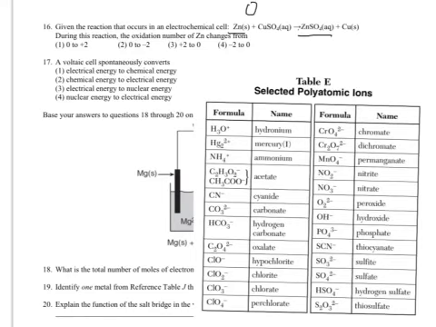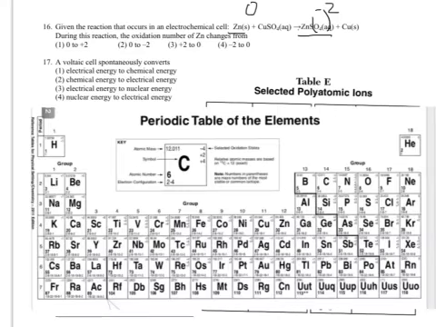And sulfate, as a collection of 5 atoms, 1 sulfur and 4 oxygens, has an overall charge of -2. That means that we can refer to our reference table to find the charge of zinc. Here we see that zinc can only have a charge of +2. So the oxidation state of zinc goes from 0 to +2.